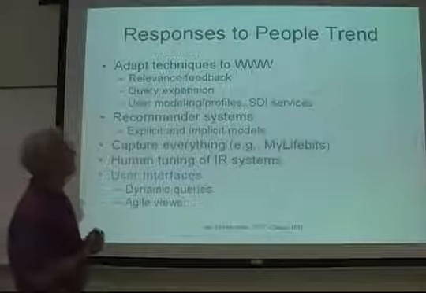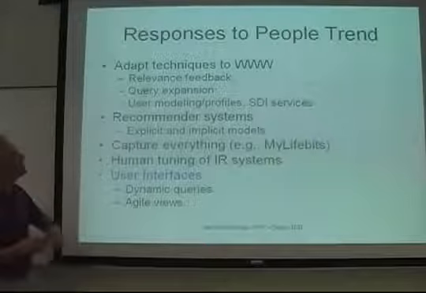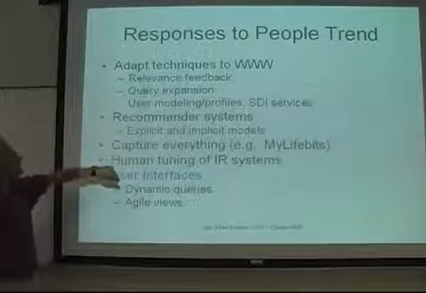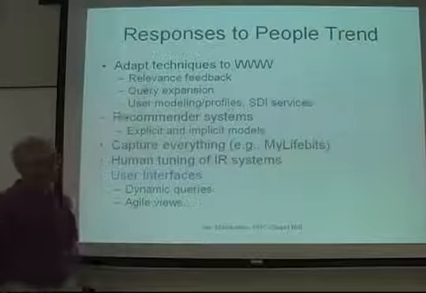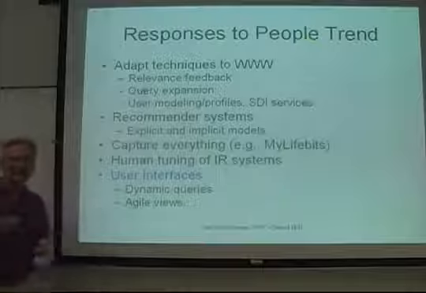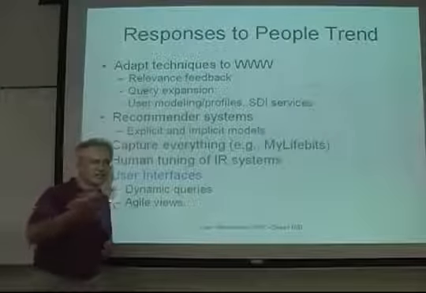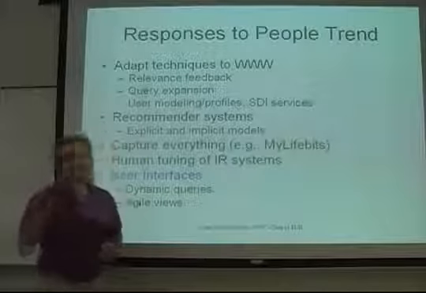Some of the responses that research and practice have emanated from these kinds of developments. Adaptive techniques in the World Wide Web, the relevance feedback, the notion of being able to actually give people a response and say, do you like this? Or would you like more like this?